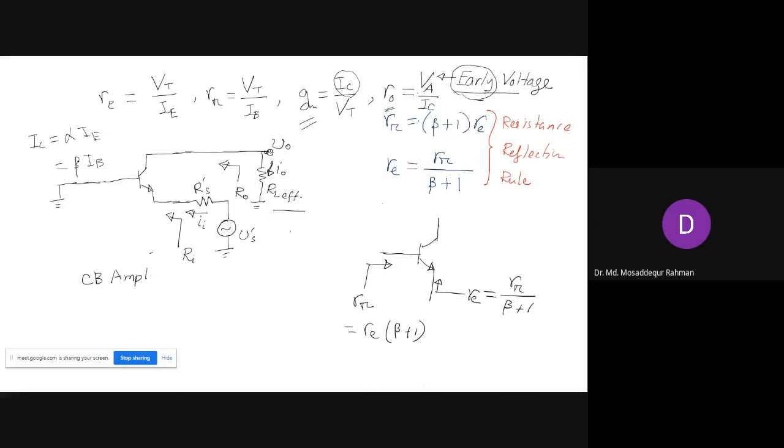So all these currents are related to basically IC. IC determines the values of the parameters of the pi and T models. So the performance of the amplifier depends on the DC bias current, a very important role the bias current plays in the performance of the amplifier circuit.